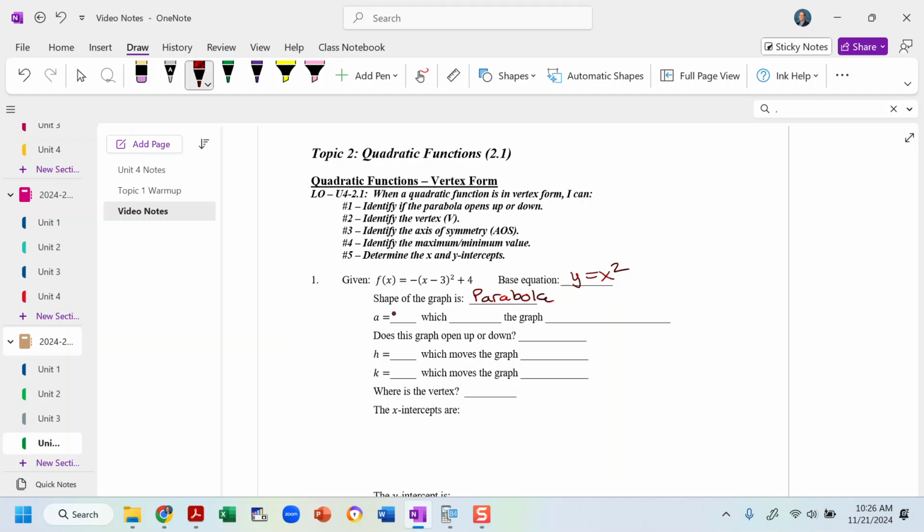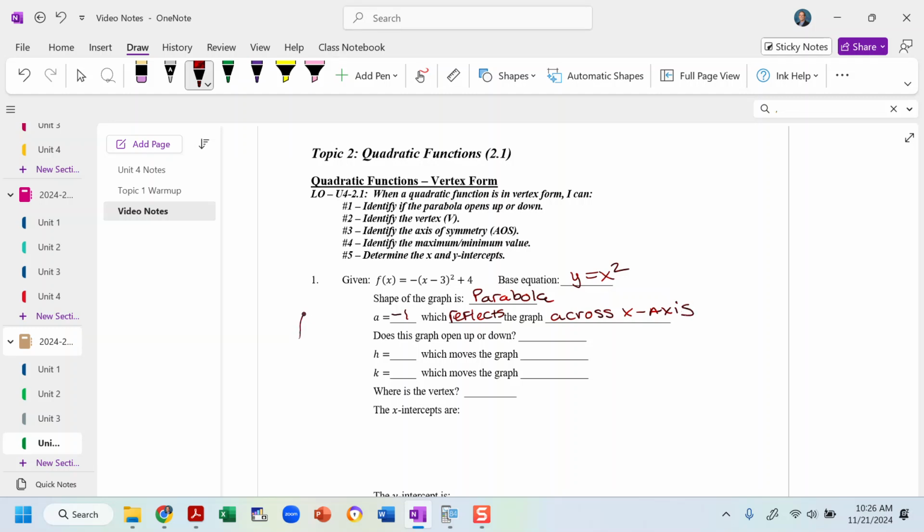The a term is negative 1, which reflects the graph across the x-axis, as we remember from our transformations. Does the graph open up or down?